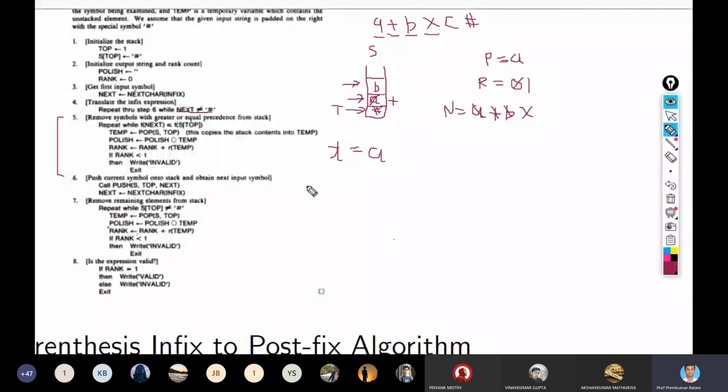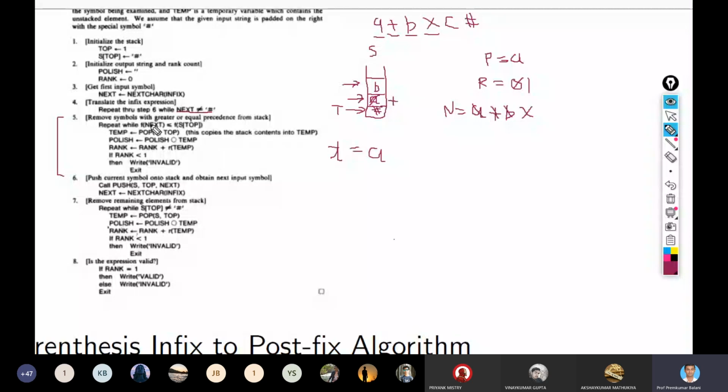Now again see if f of next is less than f of top. Yes, everyone, you can answer if you understand. F of multiplication is 2, and 2 is less than f of b, because top is b.